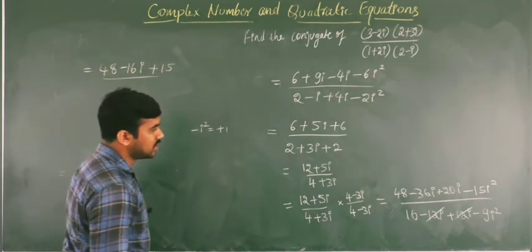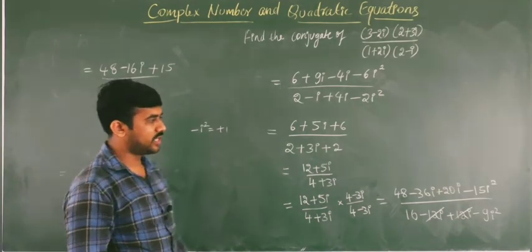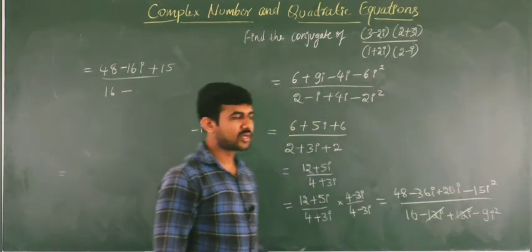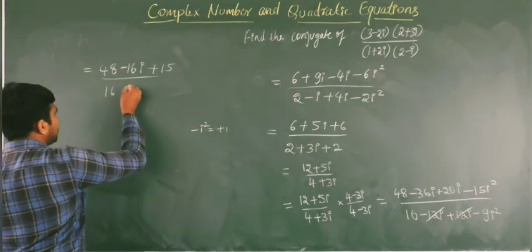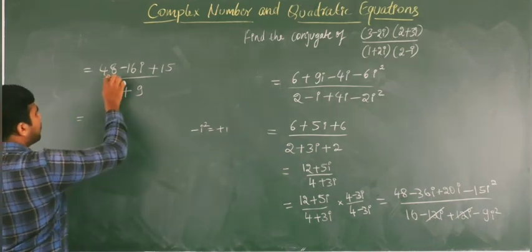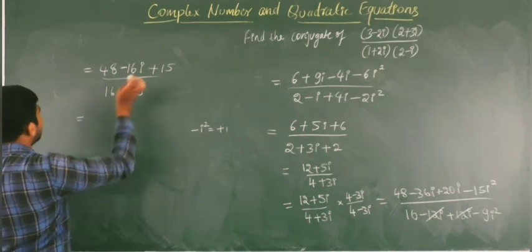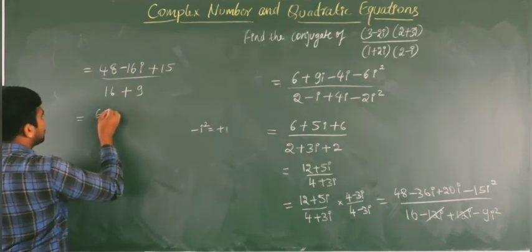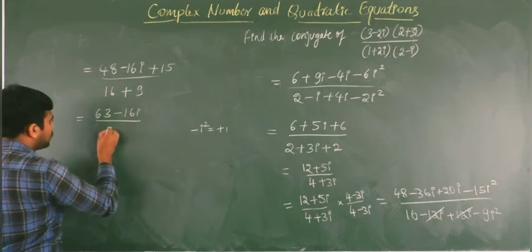Denominator: 16 minus 9i square. Again, minus i square is nothing but plus 1, so 9 into minus i square is nothing but plus 9. Okay, so 48 plus 15, we'll get 63 minus 16i divided by 25.